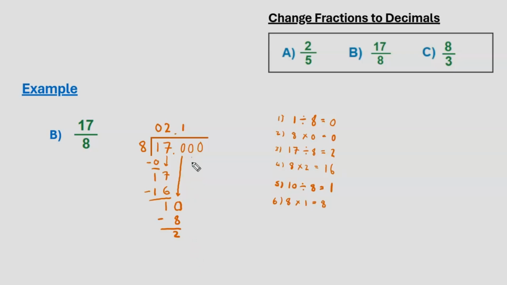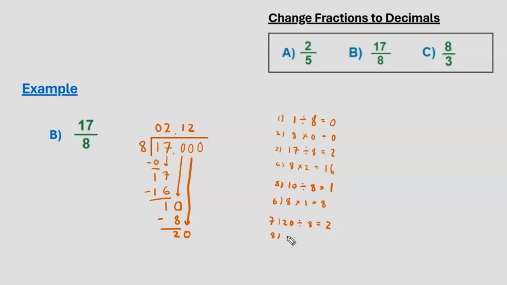Another 0 we can bring down, alongside the 2, and this gives us 20. So, ignoring remainders, 20 divided by 8 gives us 2, which goes up in the answer.